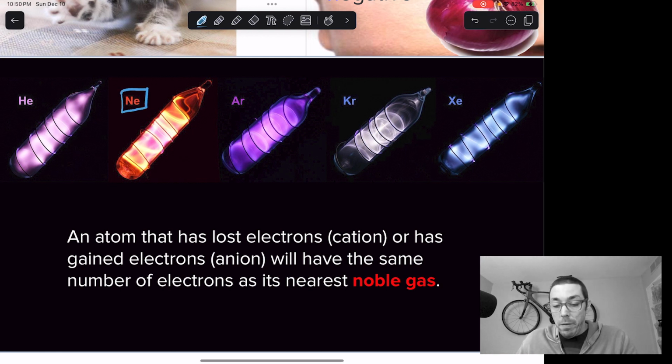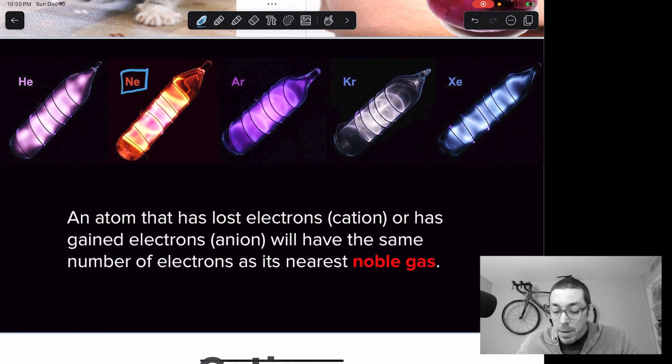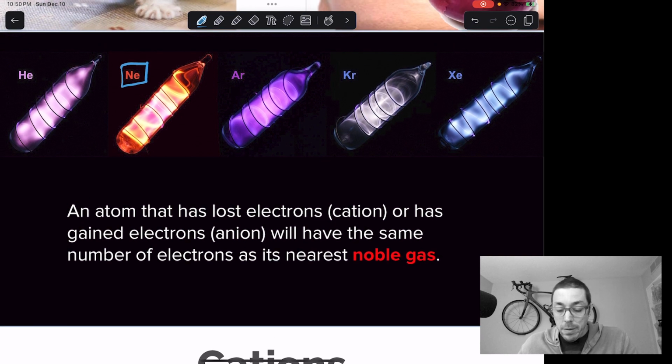They're made of all the different noble gases or combinations to get different blends of colors. These are the colors with the pure noble gases, each one of them. But they already have their full valence shell, and so they don't really create ions, they don't really react with anything.